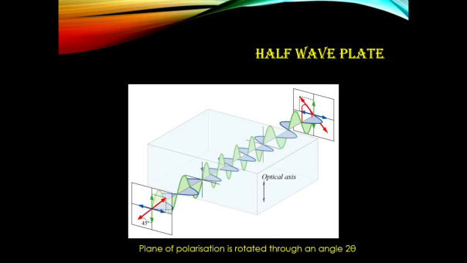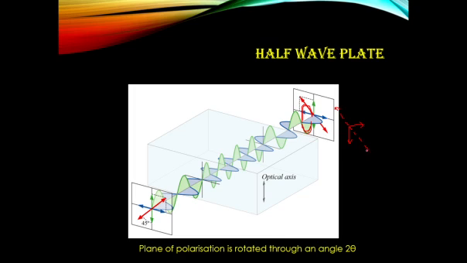Green was actually vibrating upward during the incidence, but after it emerges out, due to the pi phase difference, it will be vibrating in the downward direction. So what would be the resultant of this downward vibration and the rightward vibration? It would be like this: the downward vibration of the green wave and the rightward vibration of the blue wave. So what will be the resultant? Yeah, the resultant would be along this direction.